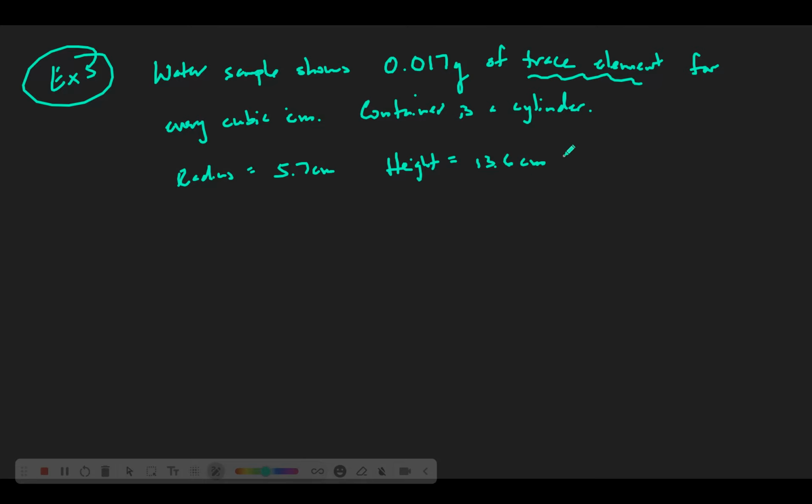And the question is, how much trace element is in the sample? It really should say what weight, right? But it says how much. How much trace element is in the sample?